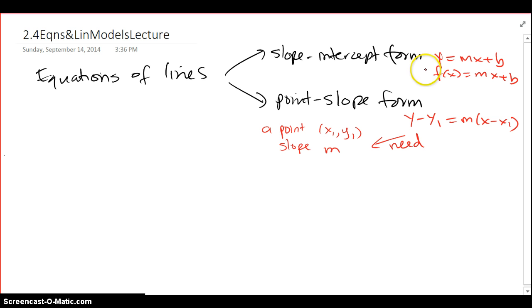What do we need for the first form to get that equation? It's basically the slope and the y-intercept. So for both equations, we need two things in order to come up with the equation of the line.